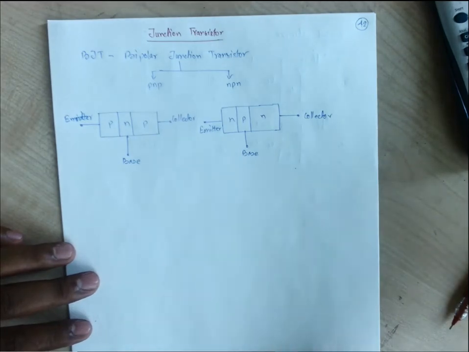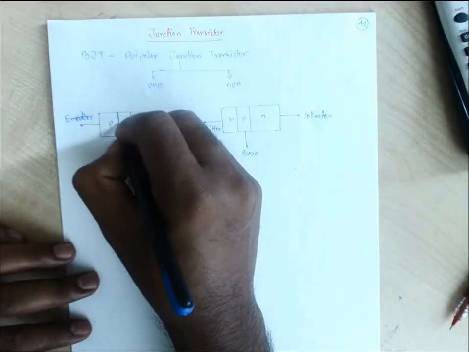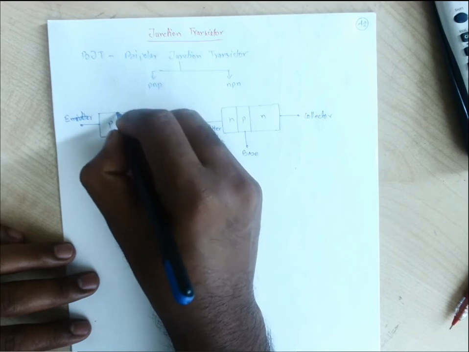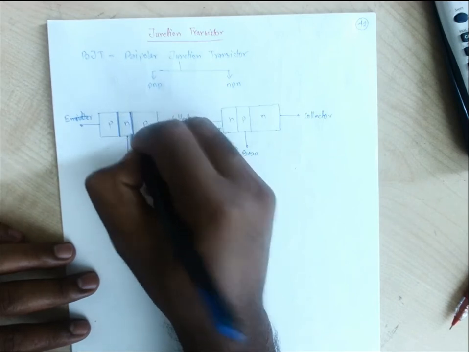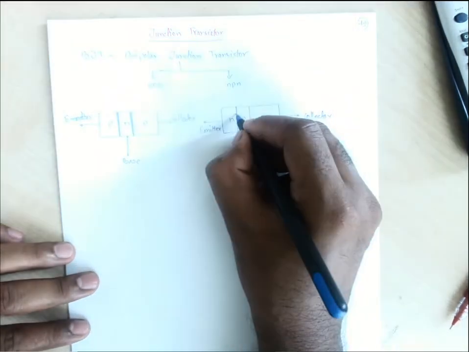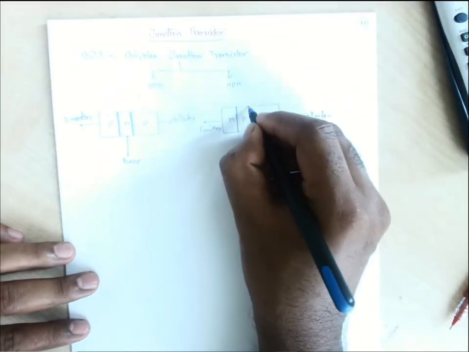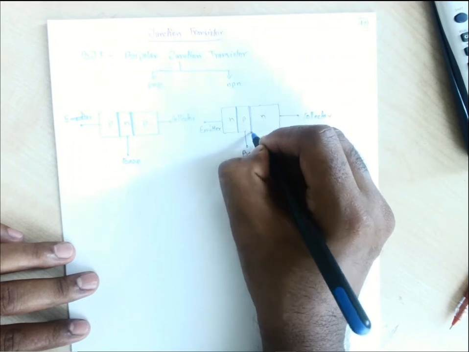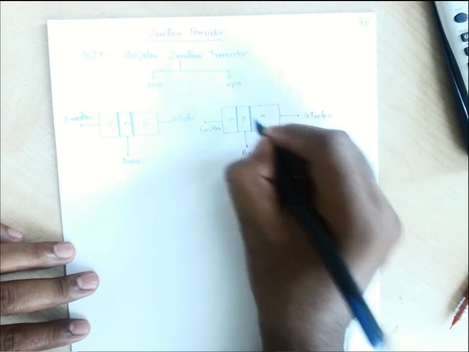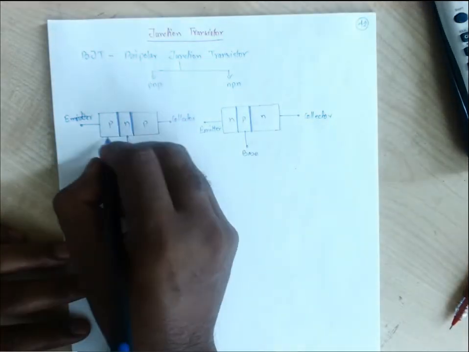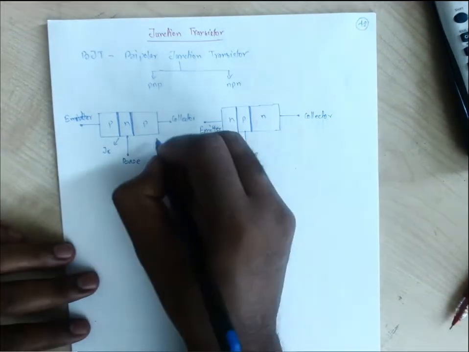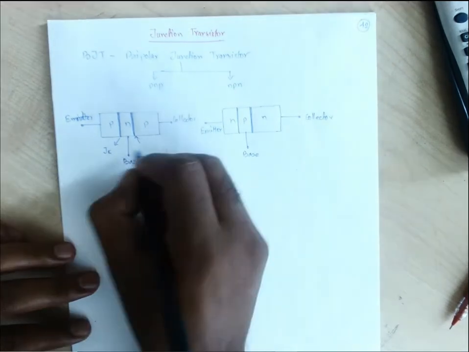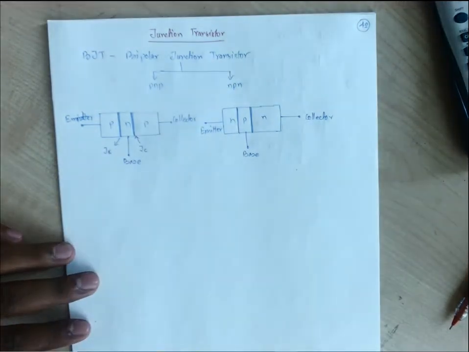There are two junctions between two different semiconductor materials. One is emitter to base and the other is base to collector. This junction is emitter to base, this junction is base to collector.